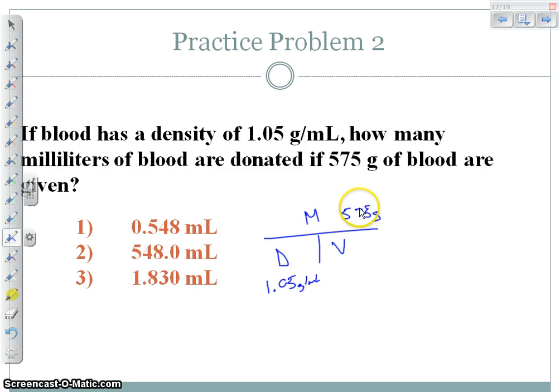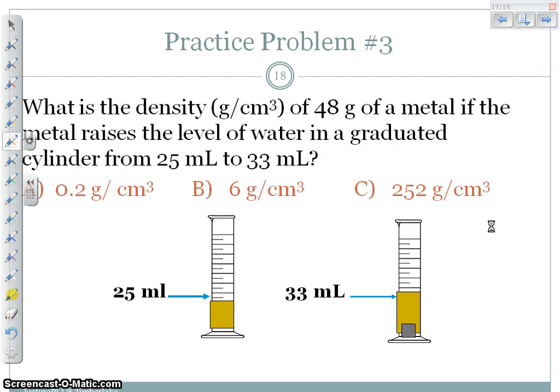So in this case we're dividing 575 by 1.05, and that should give us somewhere in the 550 range. And I see an answer here, 548. That looks pretty close to my little mental guess, so we'll stick with 548. And remember, because we are looking for volume, our units are just going to be milliliters. So hopefully that seems pretty darn easy.